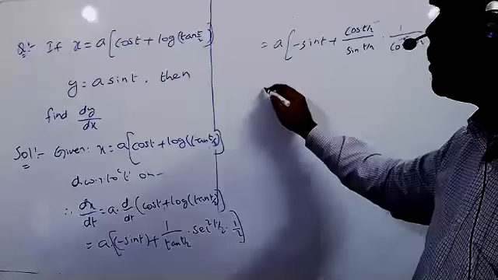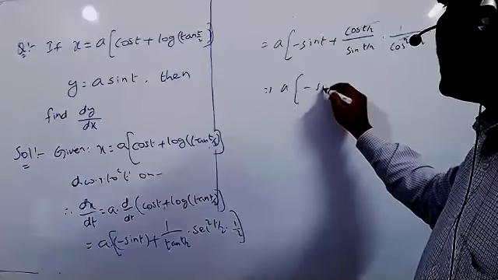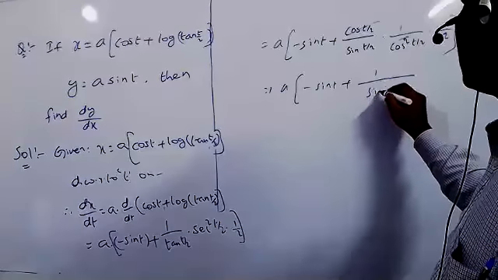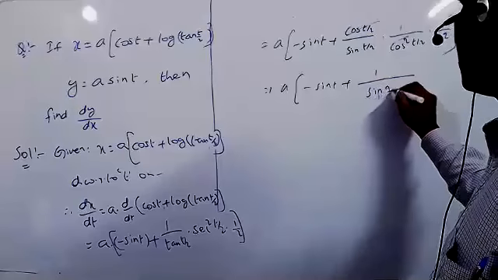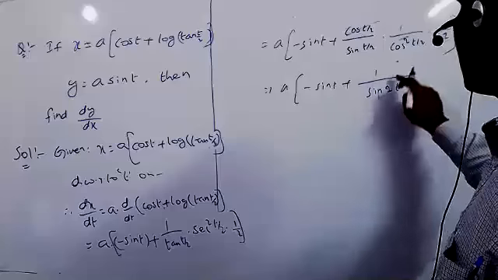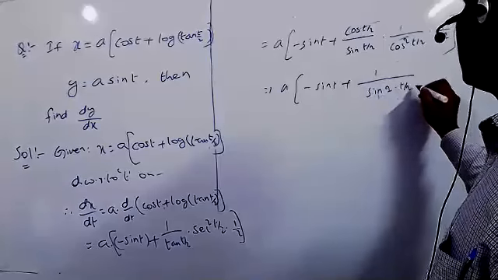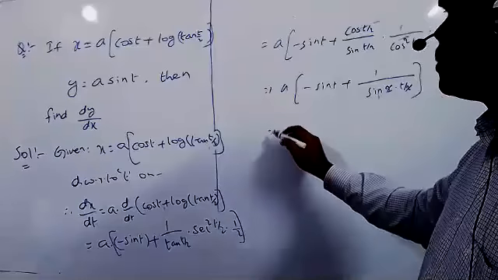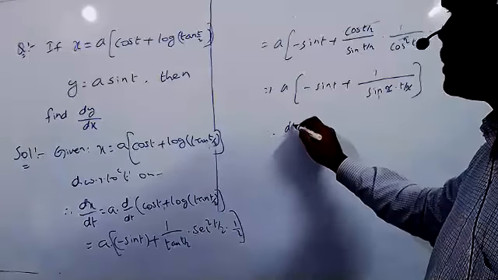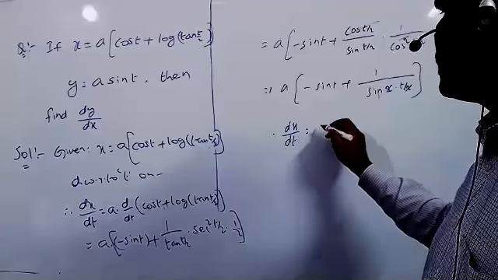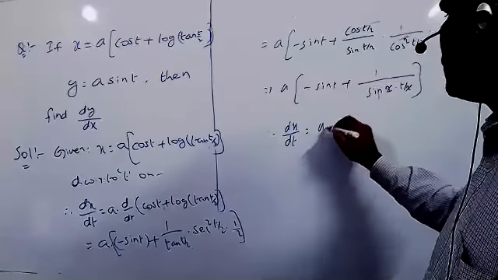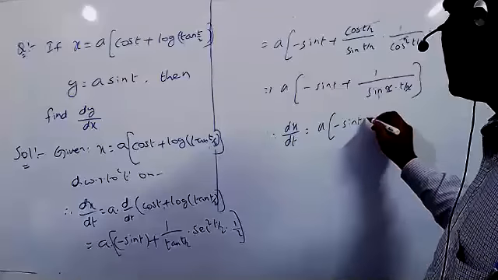2 sin theta into cos theta equal to, so what do you get? Sin 2 theta. So a into minus sin t plus, you can write now 1 by sin 2t. But what is the value of t here now? Into t by 2, the 2 will be cancelled. So therefore the value of dx by dt equal to minus a into minus sin t.